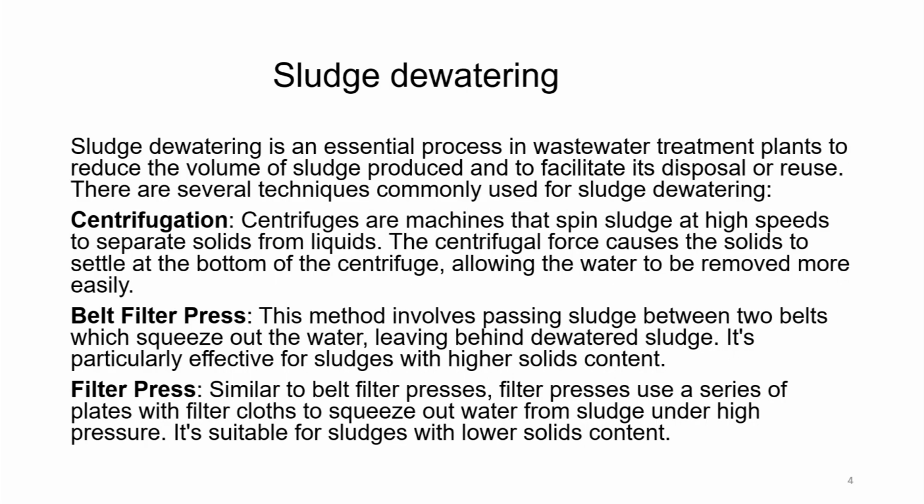Similar to belt filter, filter press uses a series of plates with filter cloth to squeeze out water from sludge under high pressure. It is suitable for sludges with low solid content. So, belt filters are suited for high solid content and filter presses are more suitable for lower solid content.